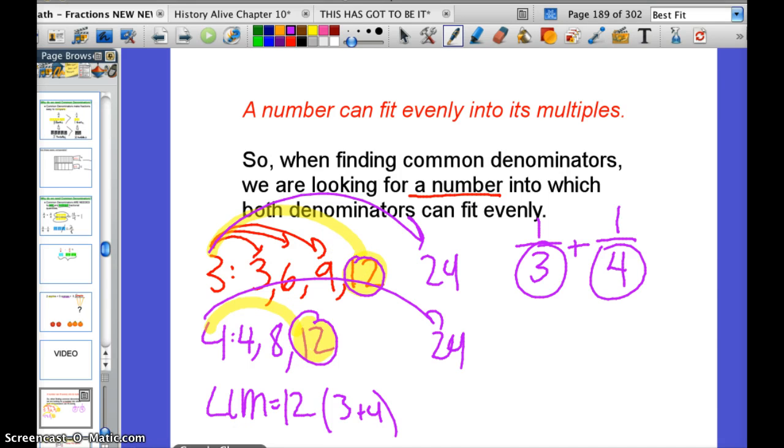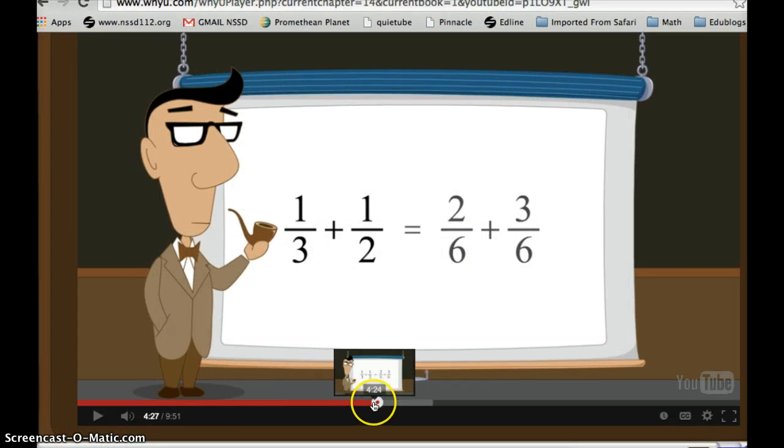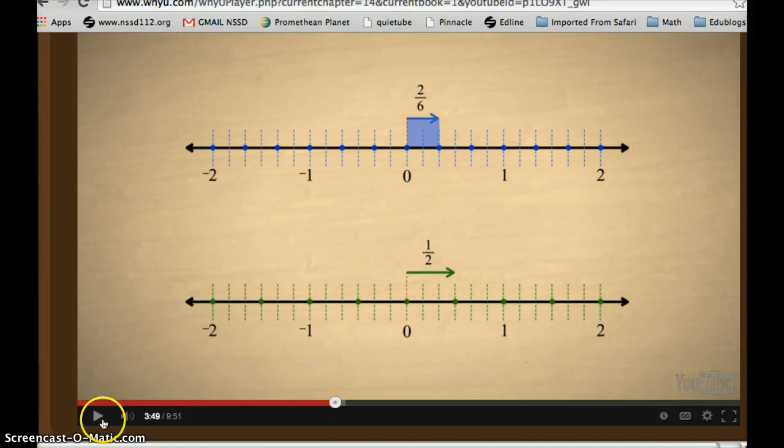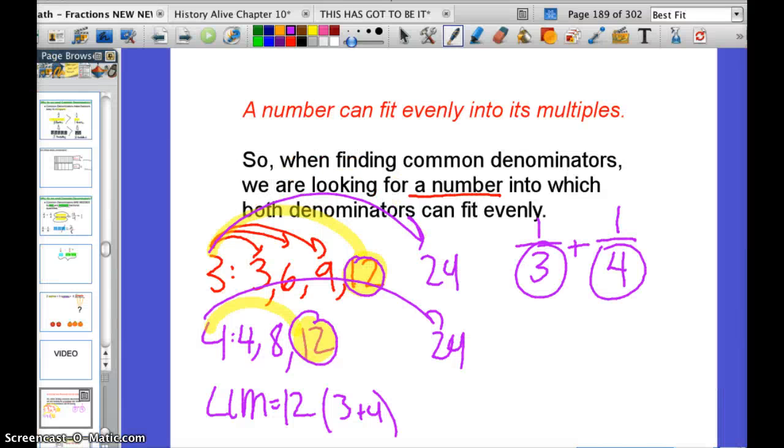Just like in this video, when we go back a little bit, we see that they changed the amount of divisions between 0 and 1 into 6 divisions because the original divisions, 3 can fit into 6, and the original divisions down here, 2 can fit into 6. So 6 was their least common multiple, and so that many divisions can hold either fraction evenly.